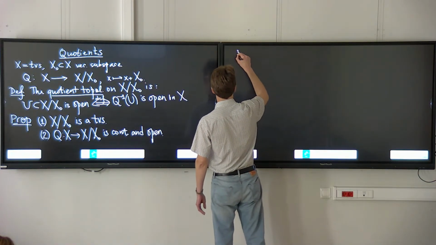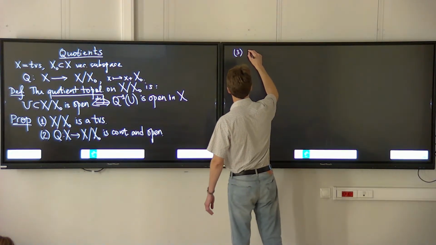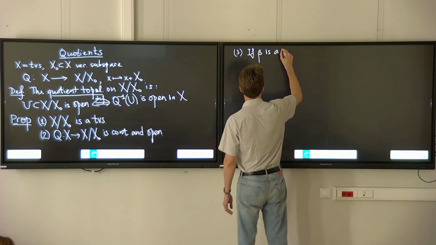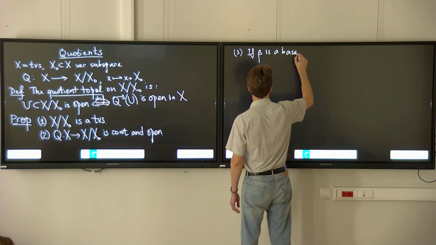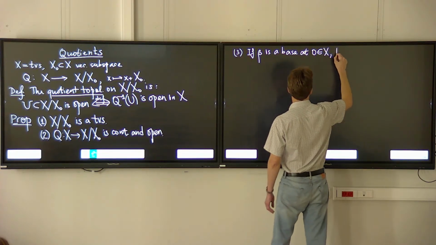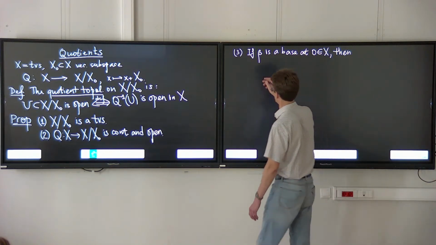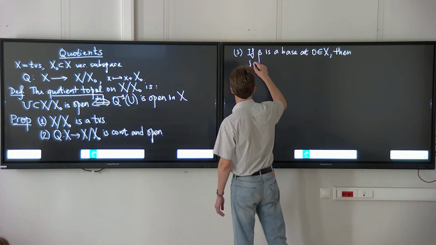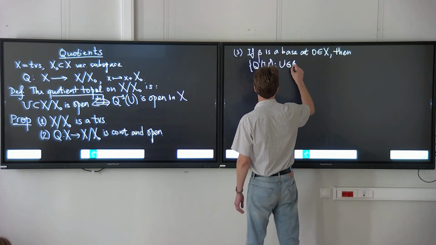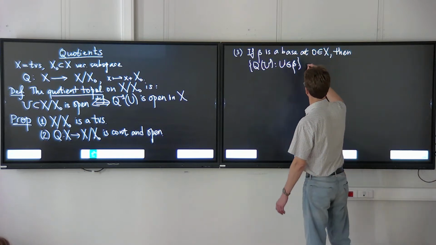Property 3: if beta is a base at 0 in X, then if we apply Q to all elements of beta, Q of U, where U runs over beta, this family will be a base at 0 in the quotient.